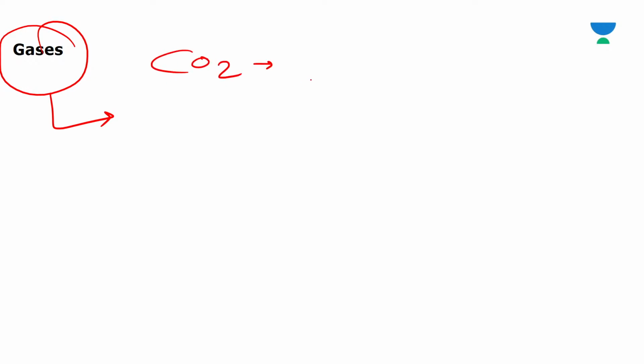So carbon dioxide is a meteorologically very important gas, as it is transparent to the incoming solar radiation but opaque to the outgoing terrestrial radiation.